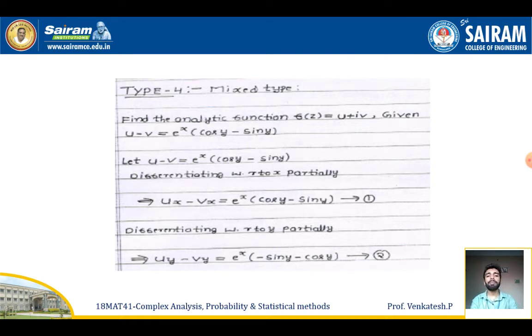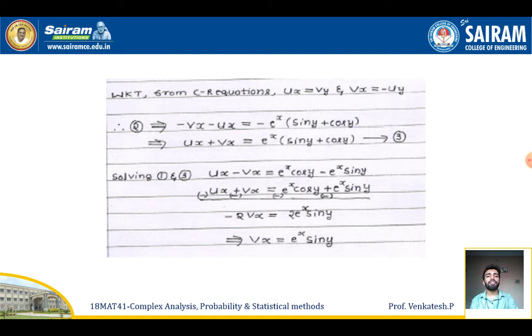From the CR equations we have ux = vy and vx = -uy. Replacing these in equation number 2, I'll get -vx - ux = -e^x (sin y + cos y). So I can write this as ux + vx = e^x (sin y + cos y). Call this equation number 3.